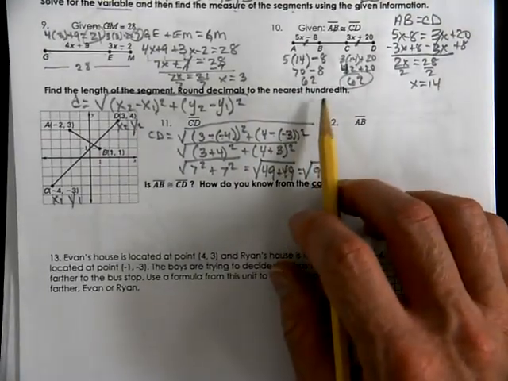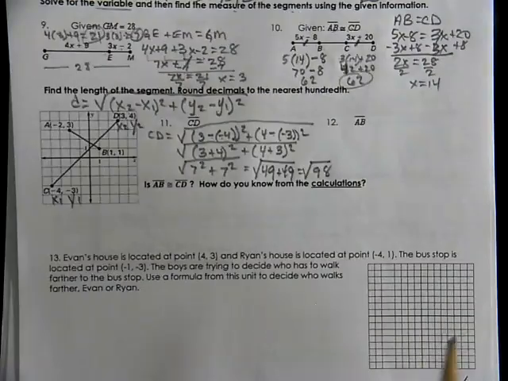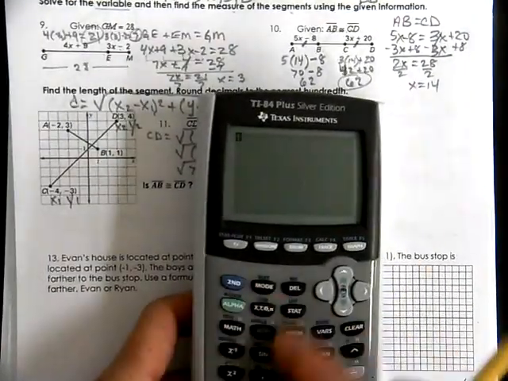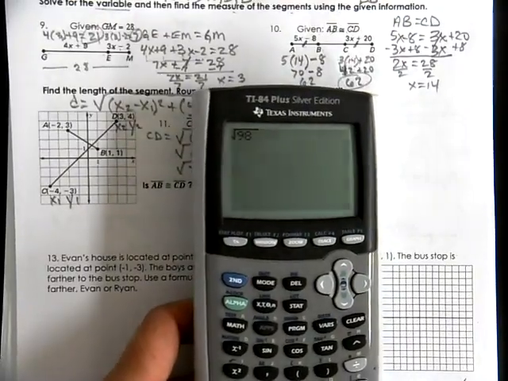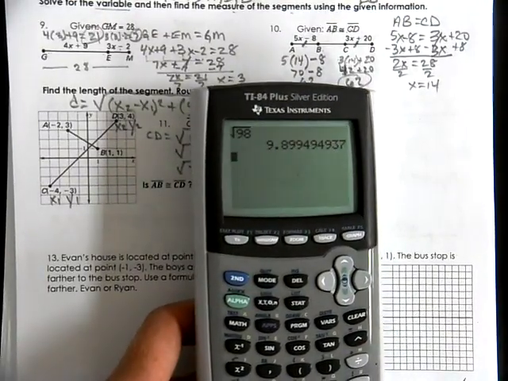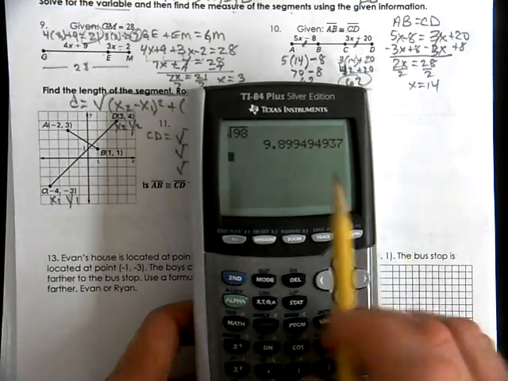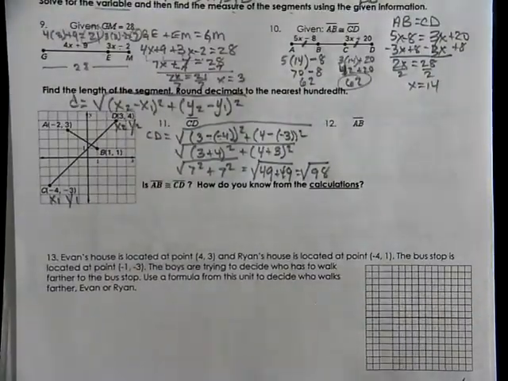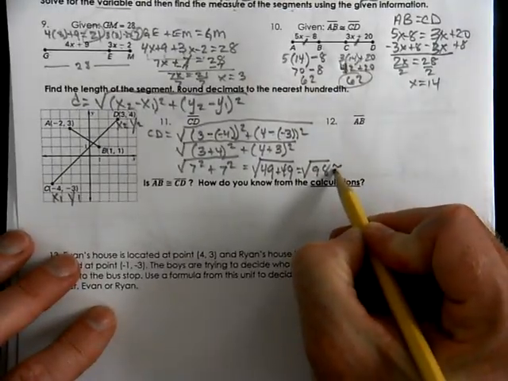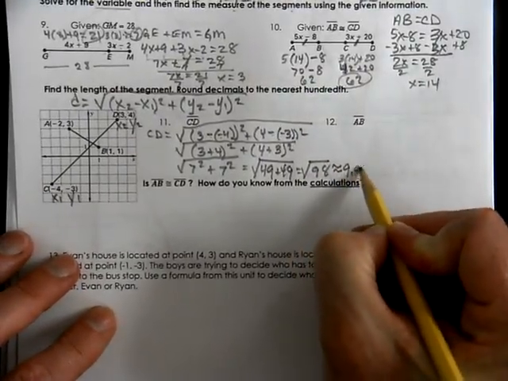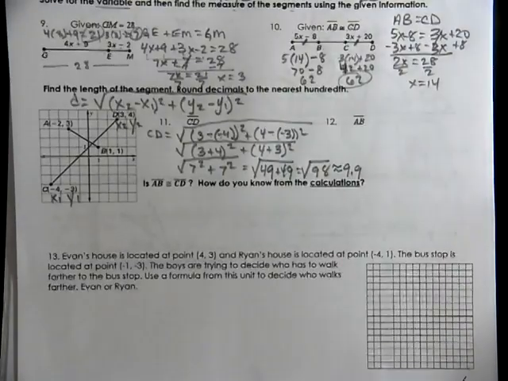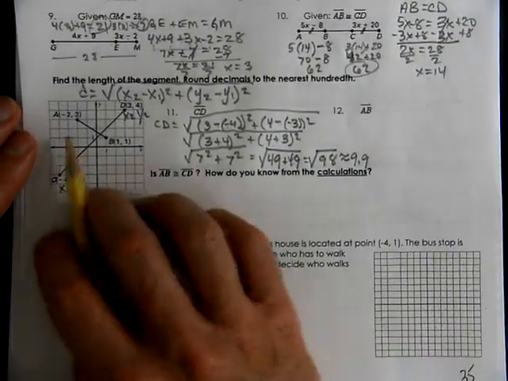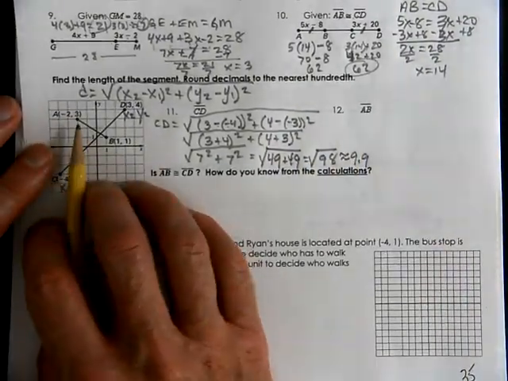And it says round to the nearest hundredth, so we're going to use a calculator for that one. So the square root of 98 gives us 9.89. So that's going to round up to 9.9. Approximately 9.9.